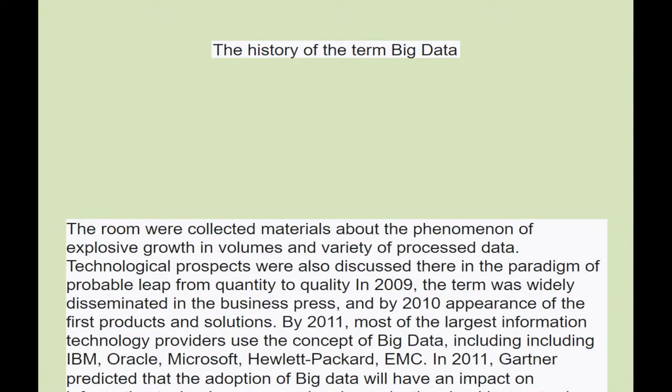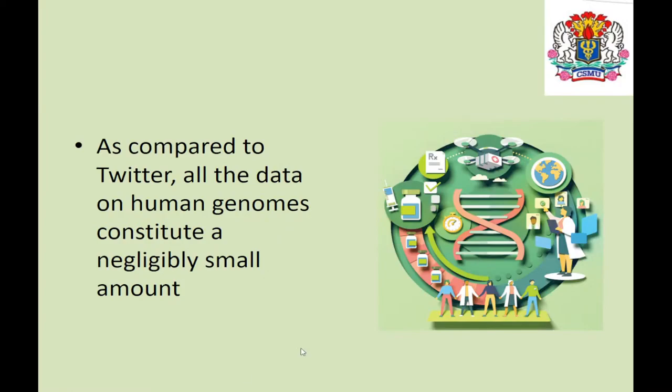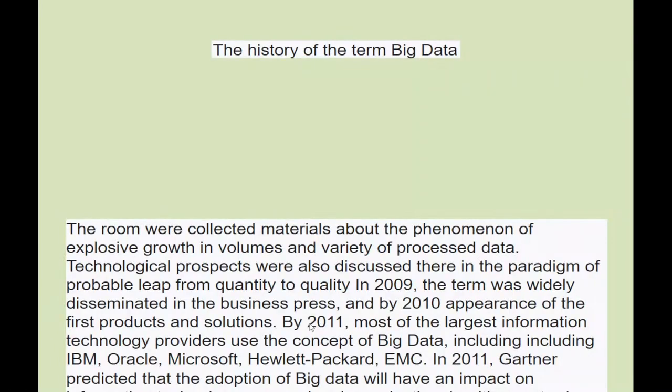In that issue, materials were collected about the phenomenon of explosive growth in volumes and variety of processed data. Technological prospects were also discussed, including the paradigm of a probable leap from quantity to quality.